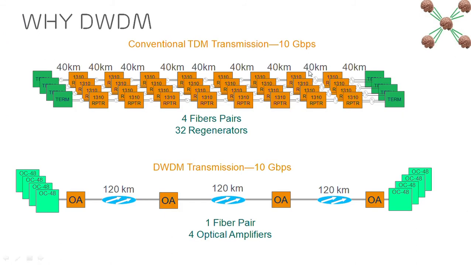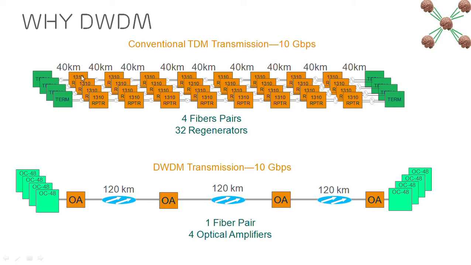So why do we use DWDM, why don't we use SDH again and again? For example, if you have a traditional 10 gig SDH network and you need to provide 40 gig to some customer between two locations. Here you can see that if you have a 10 gig client interface, then to go to 40 gig you need 4 fibers and 4 terminals, because in SDH we cannot go very far as we are using 1310.